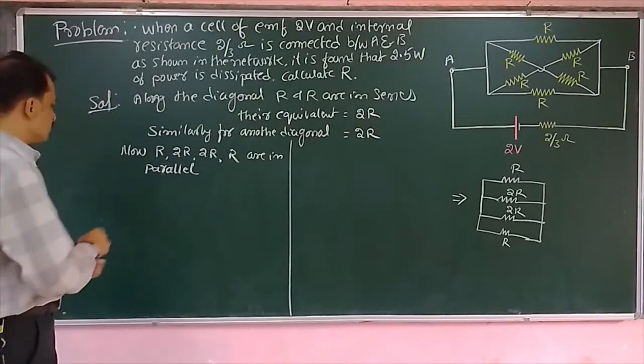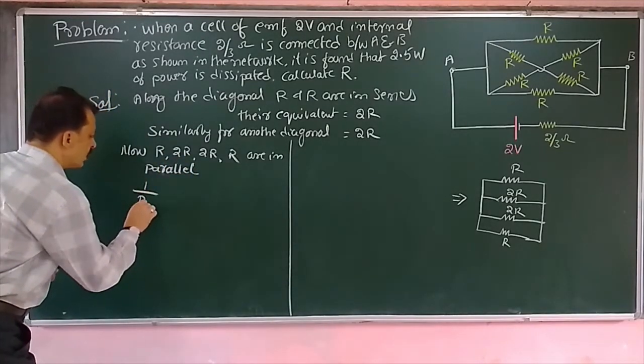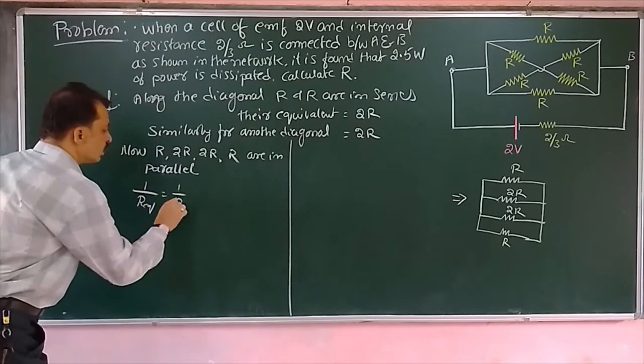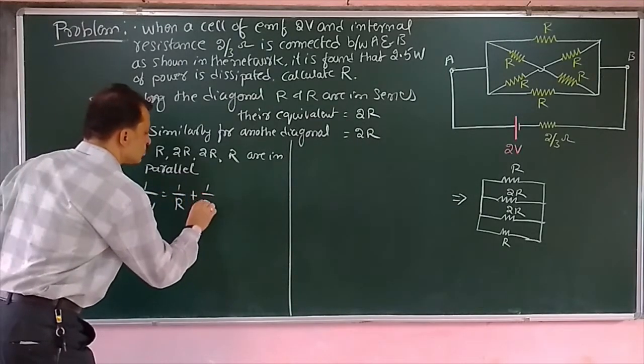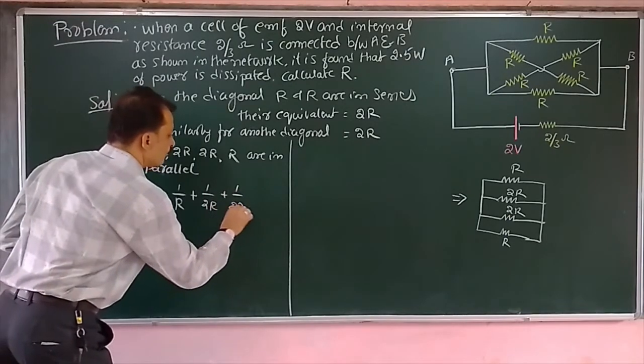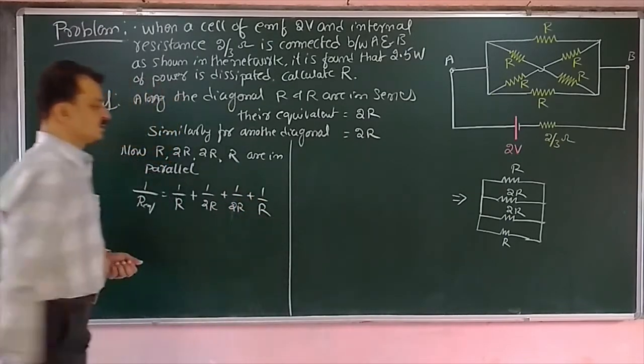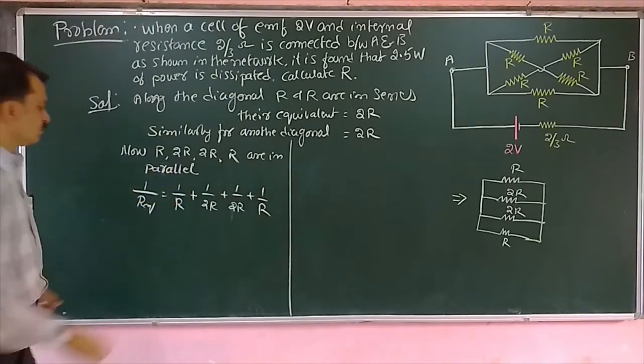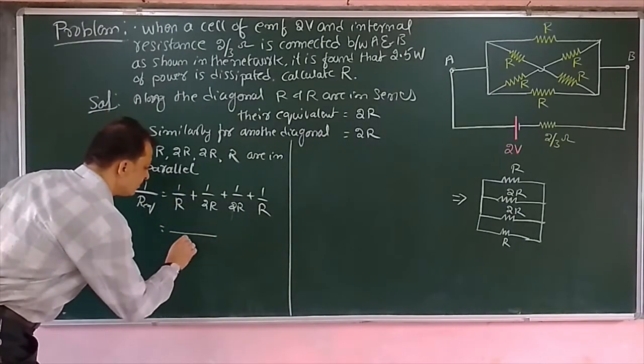Therefore their equivalent becomes 1 by R equivalent is equal to 1 by R plus 1 by 2R plus 1 by 2R plus 1 by R. Now what is the LCM? 2R is the LCM here clearly.